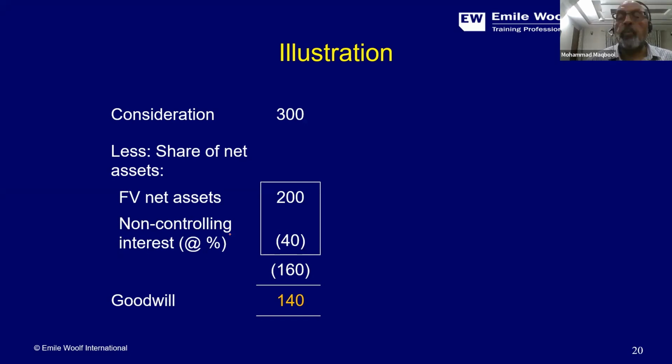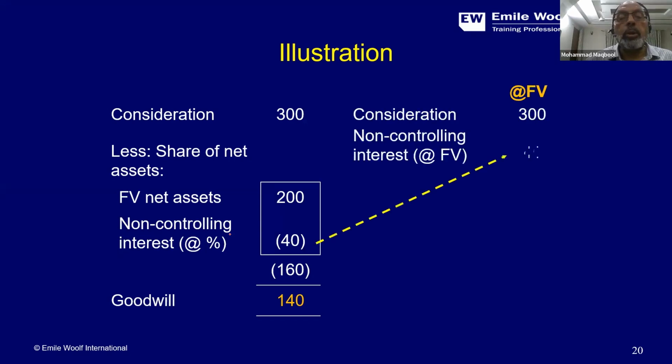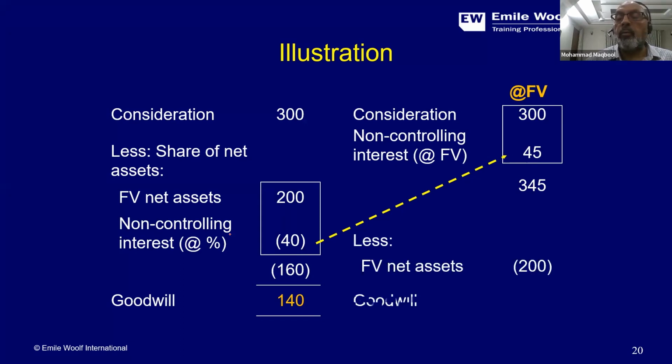You see, goodwill is 140. On the other hand, if we don't take that 40, which is a proportionate share of the net assets at the date of acquisition, rather we take it at fair value, then it's not 40, it's 45.